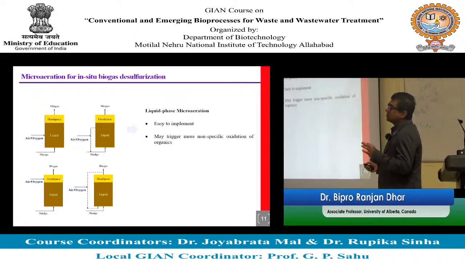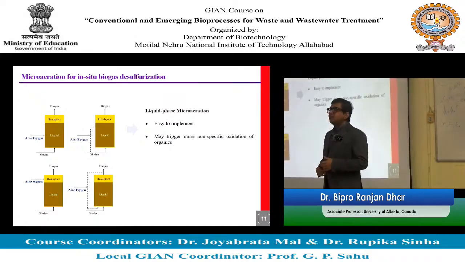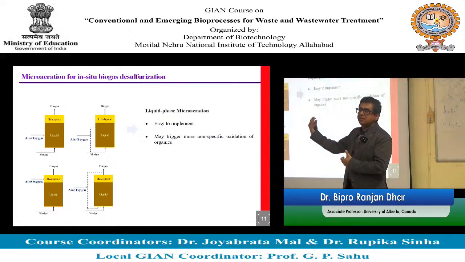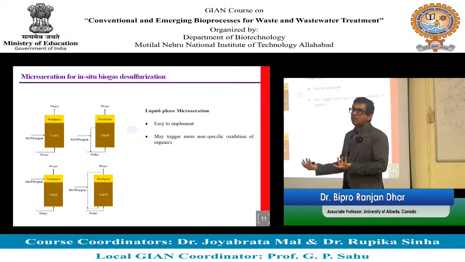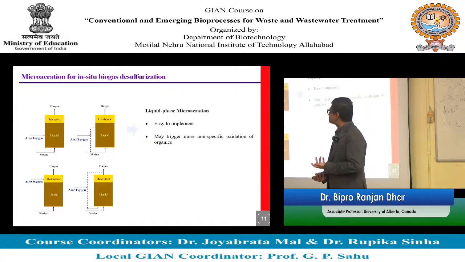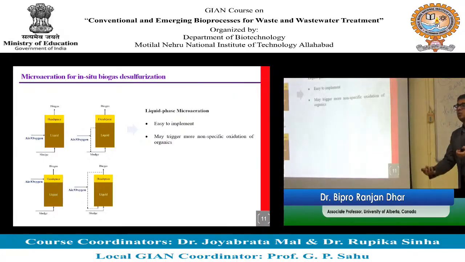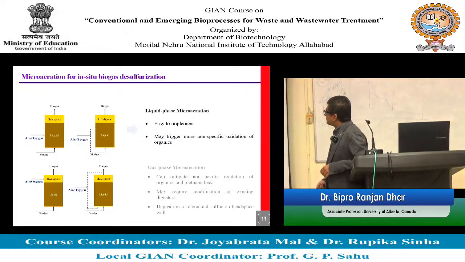But the major problem is that if you apply air directly in the liquid phase, some of the organics may be oxidized. In the anaerobic digestion process you want to recover the organics as biogas, right. So basically you are converting them to carbon dioxide and water by oxidizing. We may lose some of the organics that could be converted to biogas, which is not desirable.